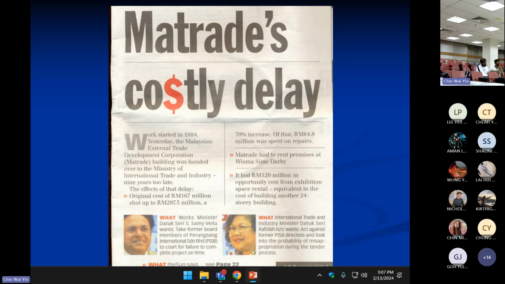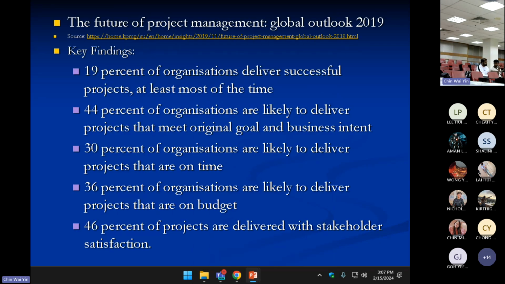Quite a familiar story. Even KLIA 2 went over budget and was delayed. Once it was running, I don't know whether you remember, the runway flooded. The runway flooded when it first started operation. You see, there are a lot of projects that do not meet the requirements.